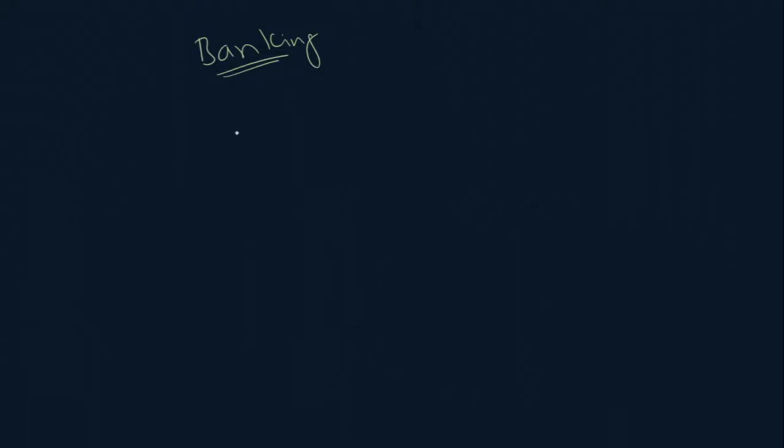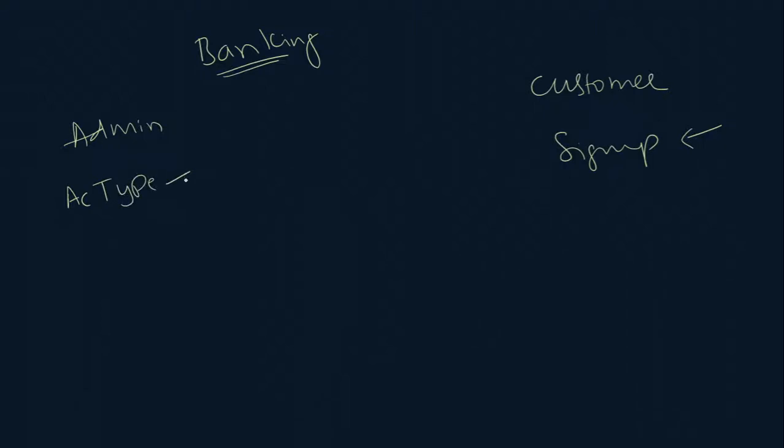Let's understand banking. We all know that in online banking, as a customer, what you can do is sign up. When you sign up, you can sign up with a particular type of account. So on the admin side, here is the admin. We can create an account type. What types of accounts can we open in our bank? Like an SBI account, a current account, or different types of accounts that are available.